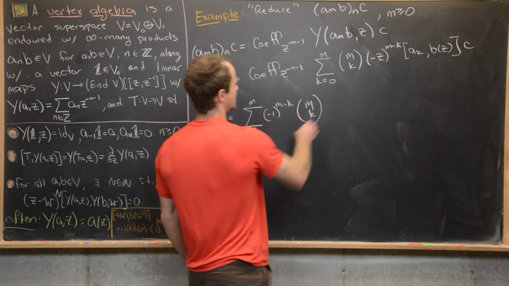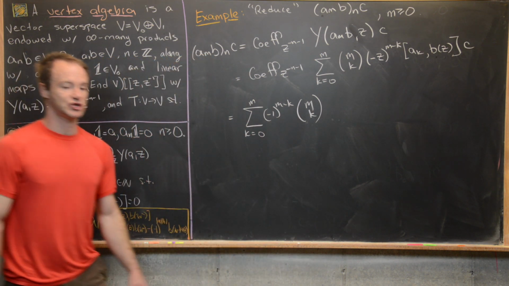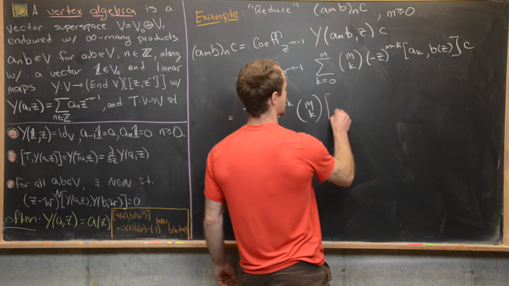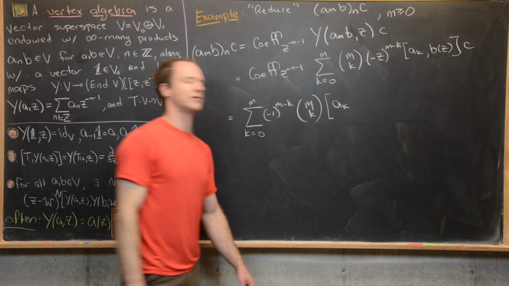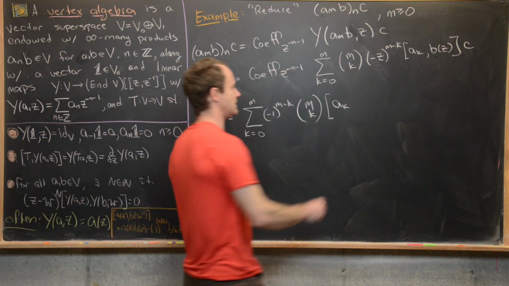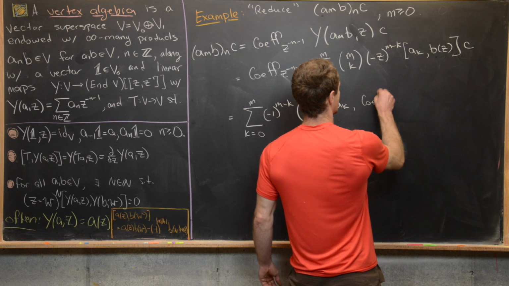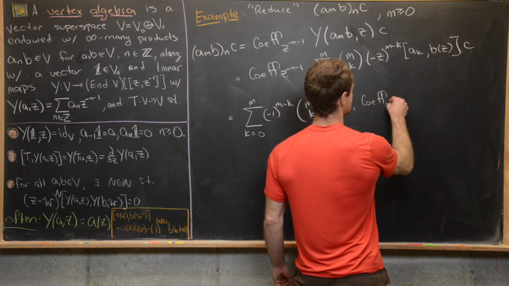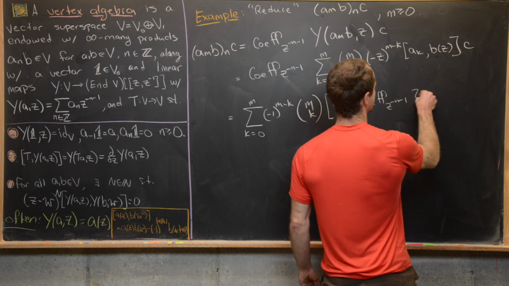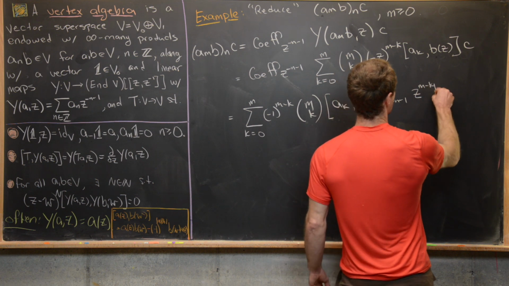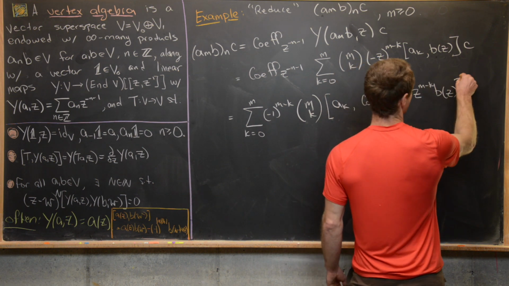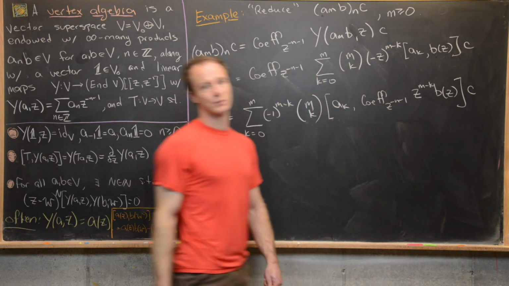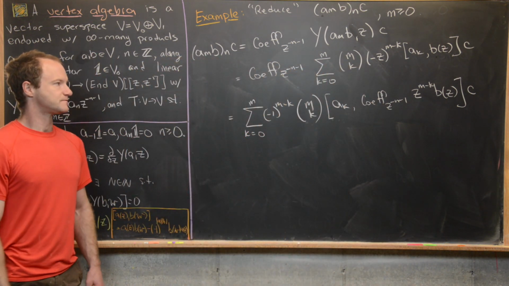We've got this binomial coefficient m choose k. And then next, we've got the component operator a sub k. And then that is commuting with the coefficient of z^(-n-1) of z^(m-k) times the vertex operator Y(b,z).